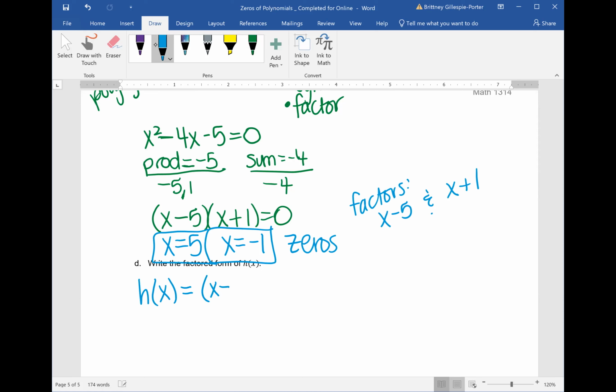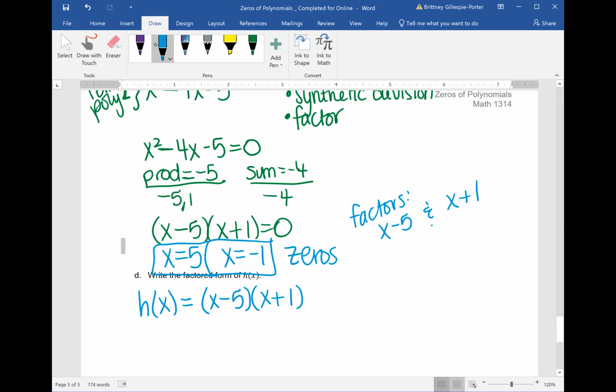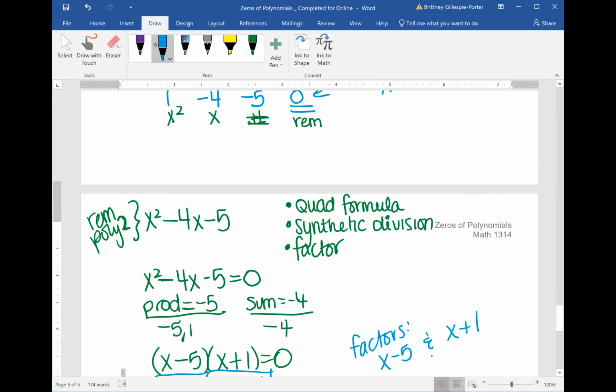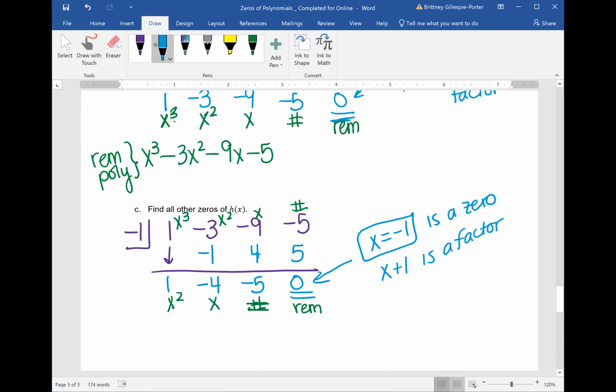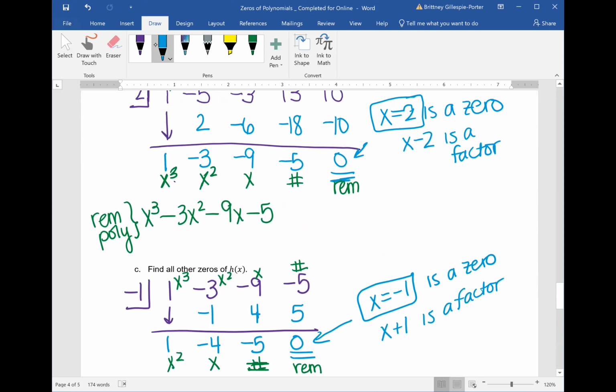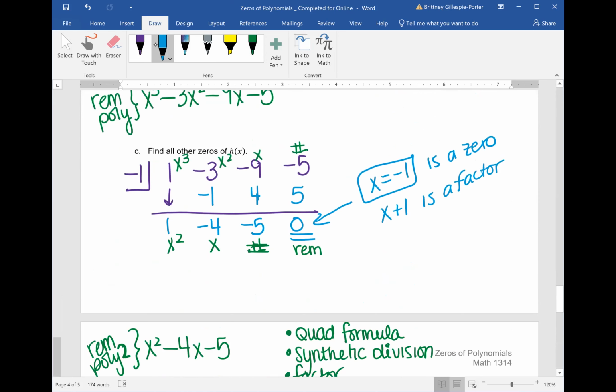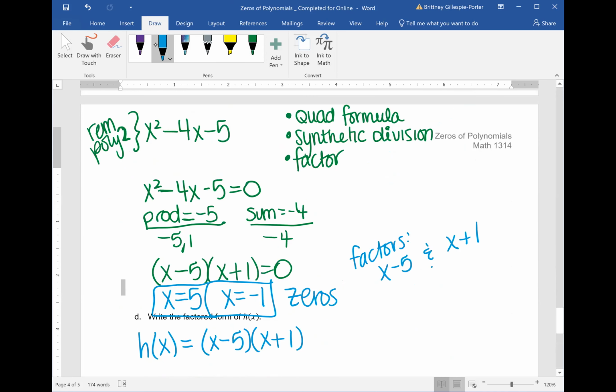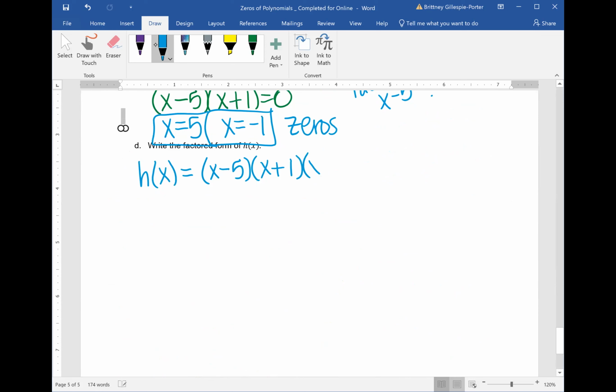We had x minus 5. We had x plus 1. I'm going to scroll up. We had another x plus 1 and an x minus 2. So I need another x plus 1 and x minus 2.